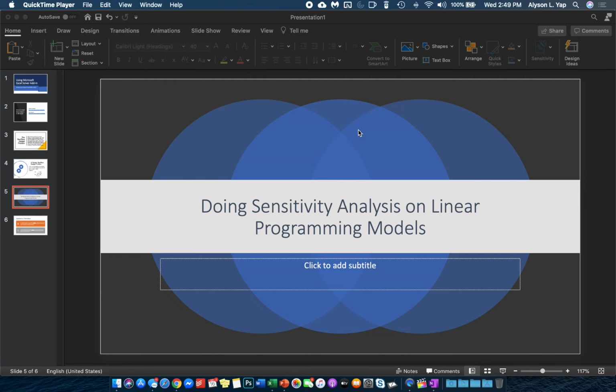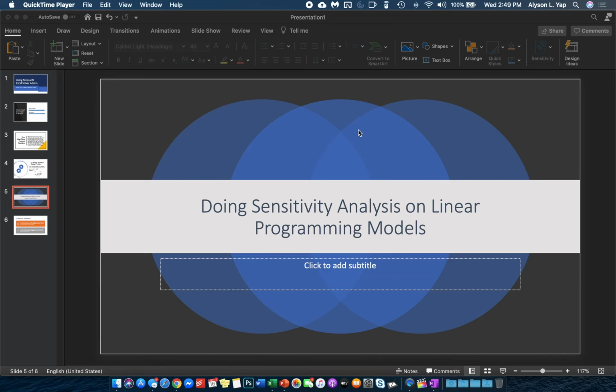We do sensitivity analysis by asking questions such as what will happen if additional supply comes in, or what if you forgot to take into consideration another constraint, or what if your coefficients either in the objective function or in the constraints change. So essentially what we're dealing with right now are changes in your linear programming model.